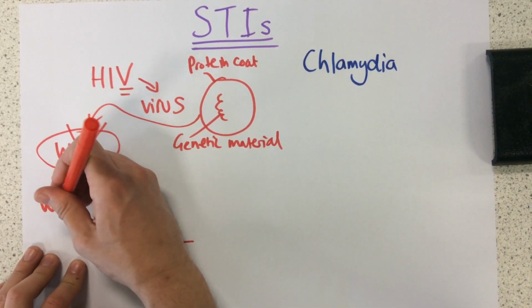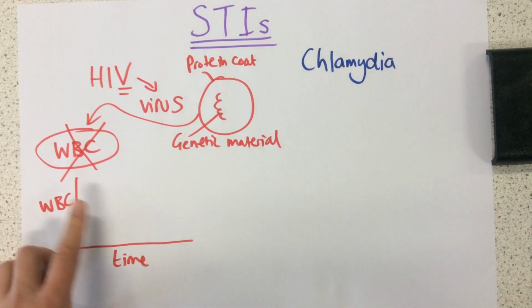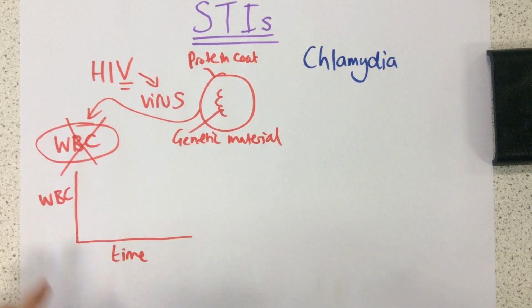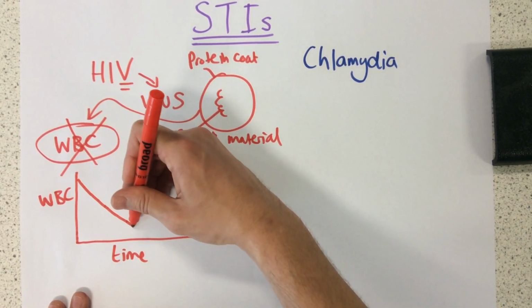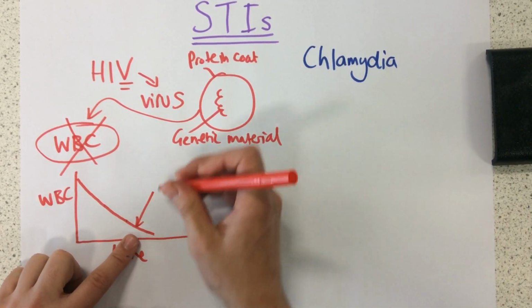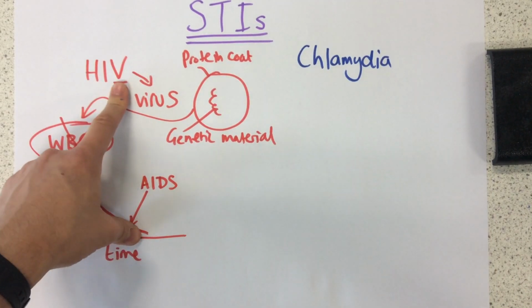Now I'm going to draw this little graph that will help us visualize it. What this shows is the number of white blood cells over time. HIV is the virus which kills white blood cells. Over time, those numbers of white blood cells are going to come down and down and down. After a while, we get AIDS as a result of HIV.